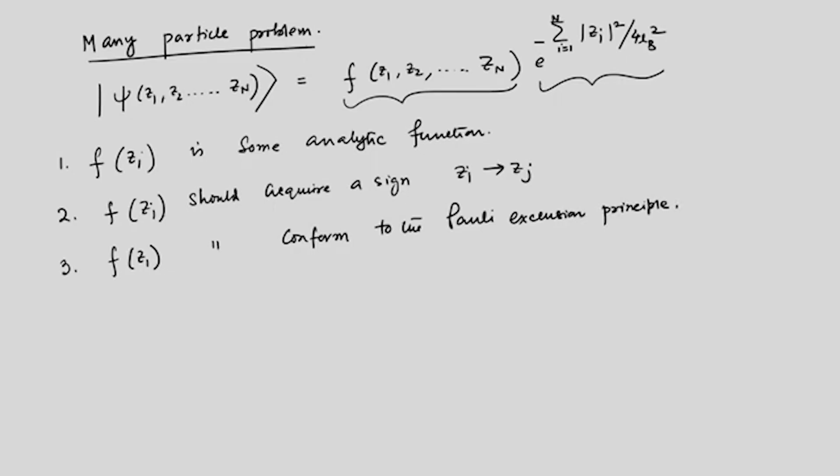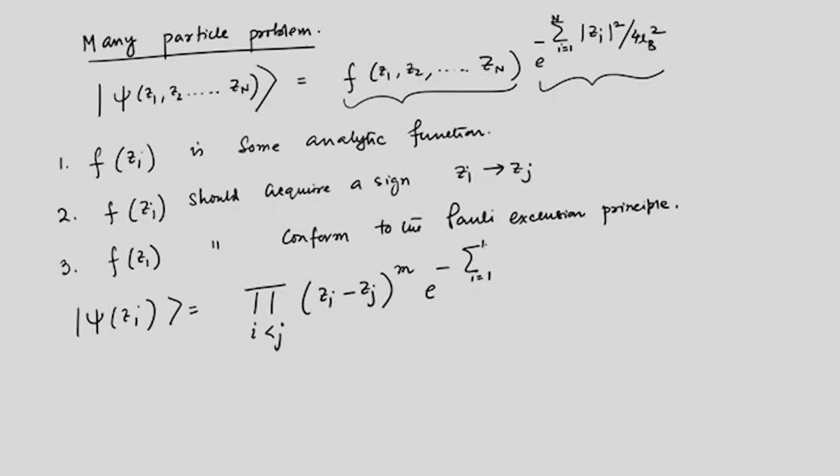Okay. And so one can write down psi of zi using a factor called a Jastrow factor, as the product over i<j of zi minus zj whole to the power m, times exponential of minus the sum from i equal to 1 to n of zi mod square by 4 lB square.